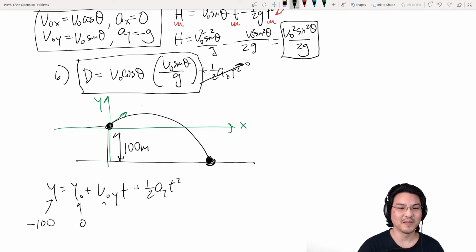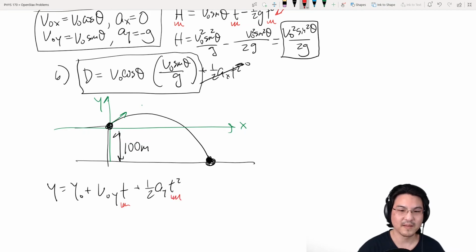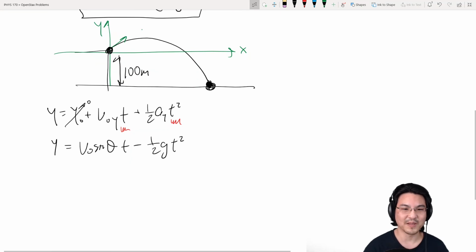That's 0. V naught is 30. The time, we don't know. Acceleration, negative g. So there's only one unknown in this entire formula, the time. So solve for t. It's just quadratic. Let me rewrite this. Sine minus gt. Let me move everything to one side of the equation.